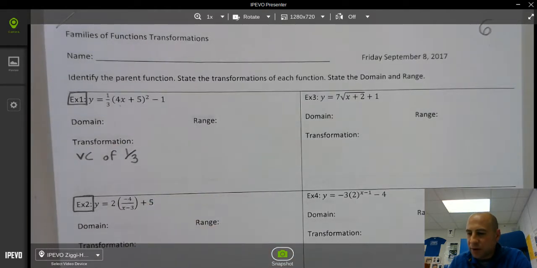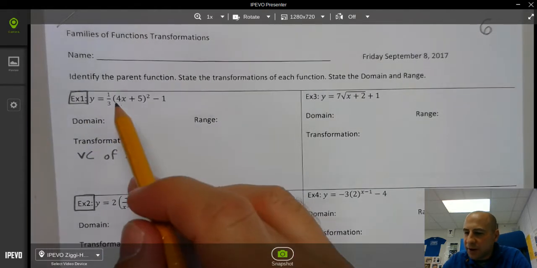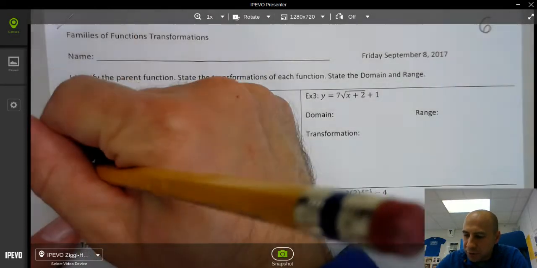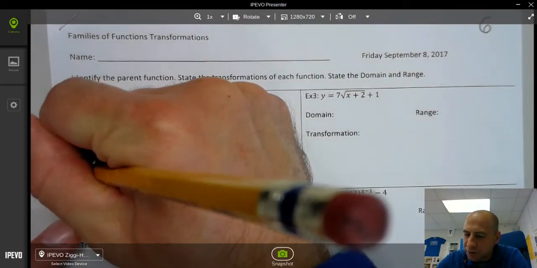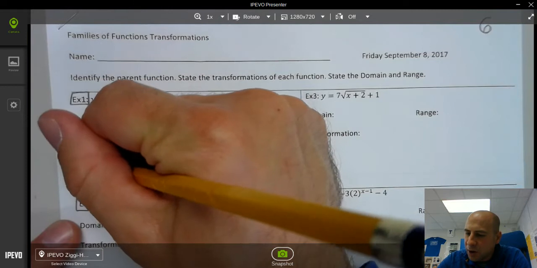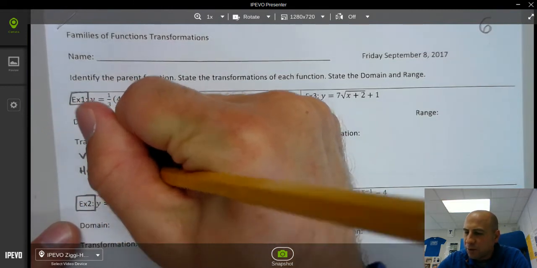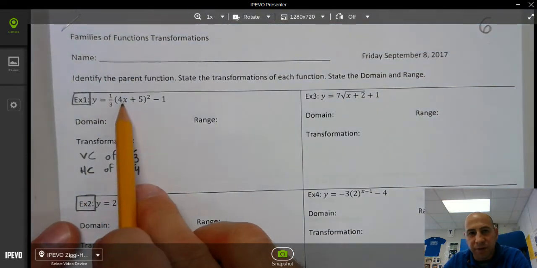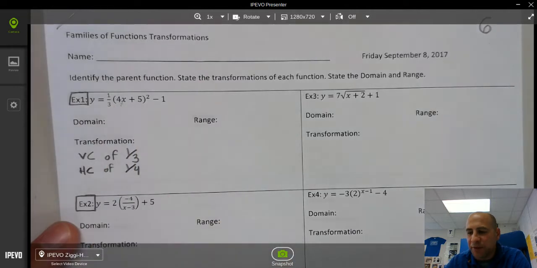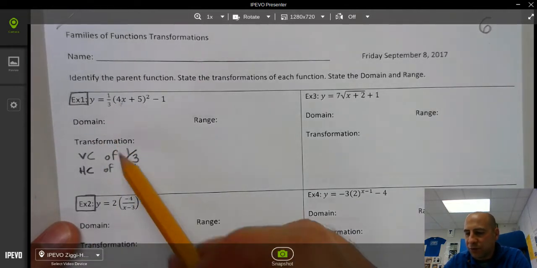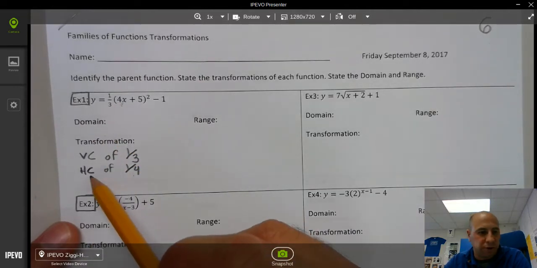But now this is where it's tricky. The inside value, it's still horizontal compression, but it's opposite of what you see. So it's 4x, it's actually going to be a horizontal compression of 1/4. So that only applies to the number inside the parentheses. It's opposite of what it is. So instead of 4, it's 1/4, but it's still horizontal compression.